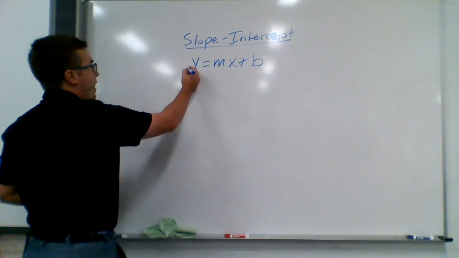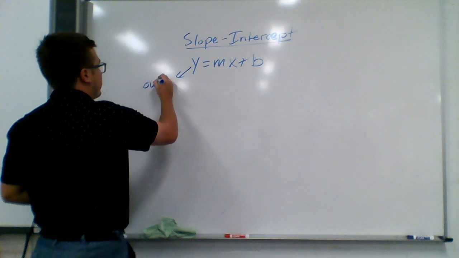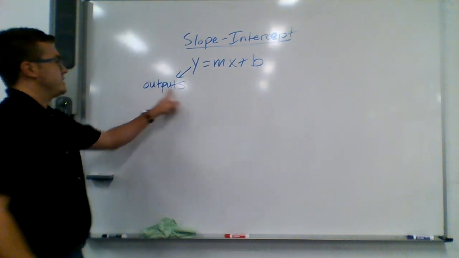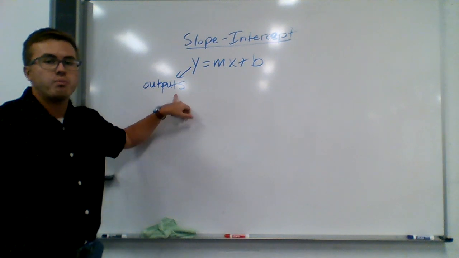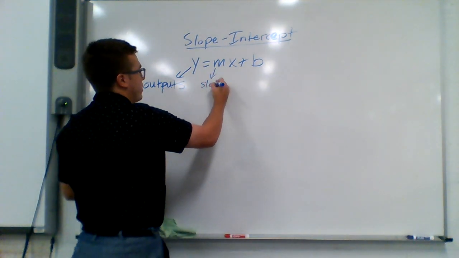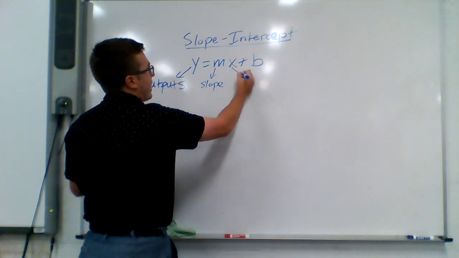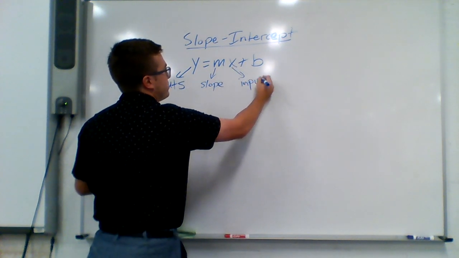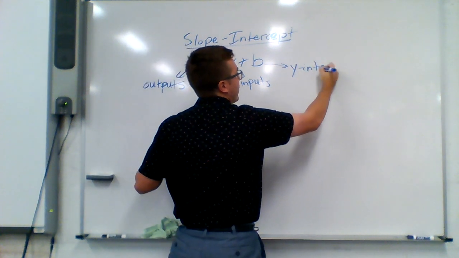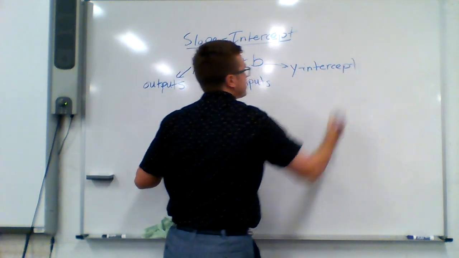So we know that y stands for our output, or in this case, our outputs, because we can have multiple outputs in this function. Remember, m stands for our slope, x stands for our inputs, and b stands for the y-intercept.